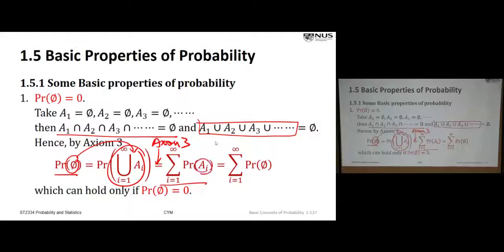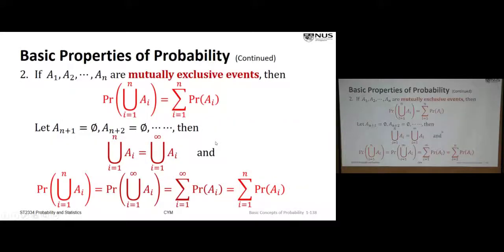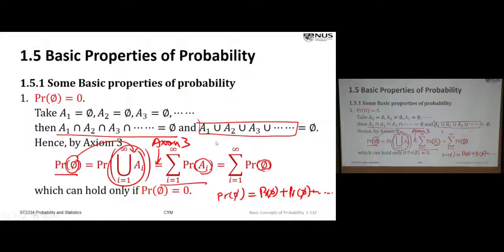We put that the Ai are the empty set, so we have an infinite sum, each one the probability of the empty set. In other words, probability of empty set equals probability of empty set plus probability of empty set plus, and so on, an infinite number of them.